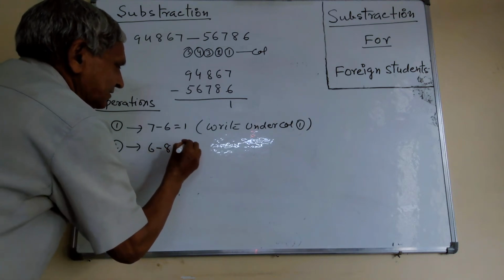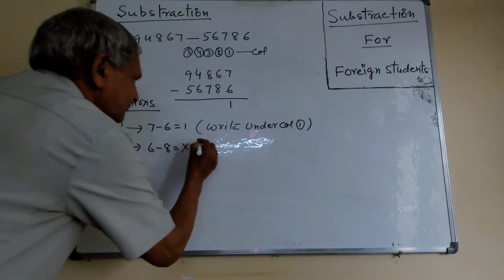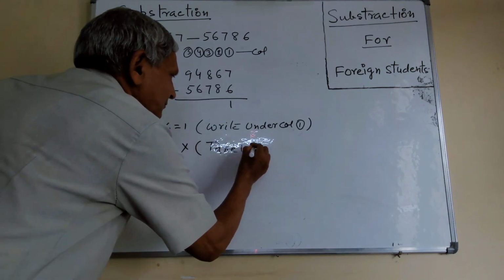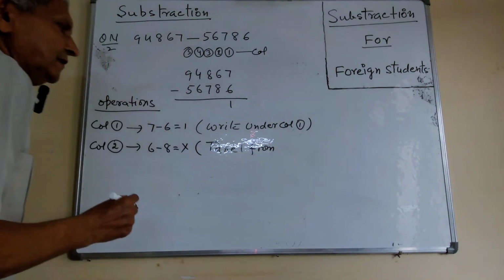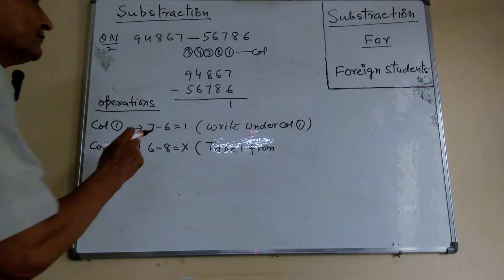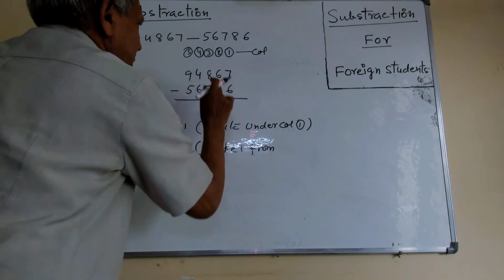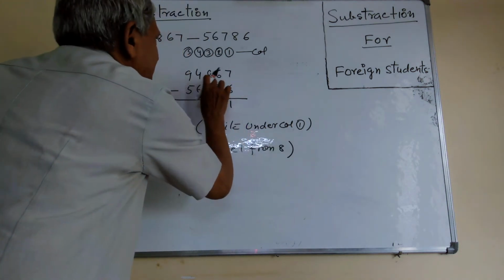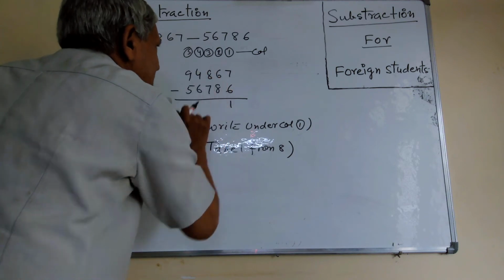But my dear students, this is not possible. So we have to take one from a neighbor. Take 1 from 8, because 8 is the nearest number to 6, or 8 is the neighbor of 6.